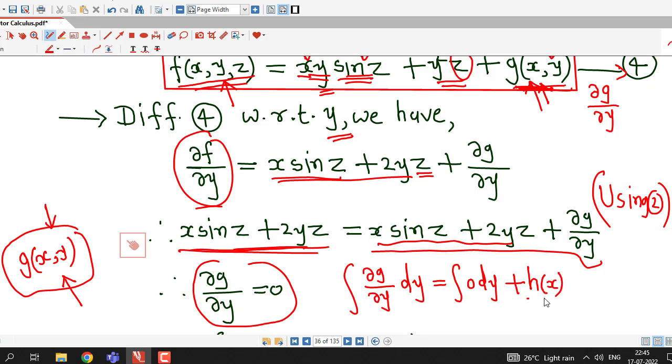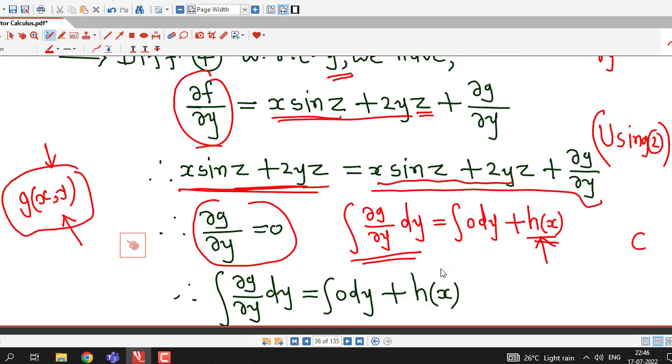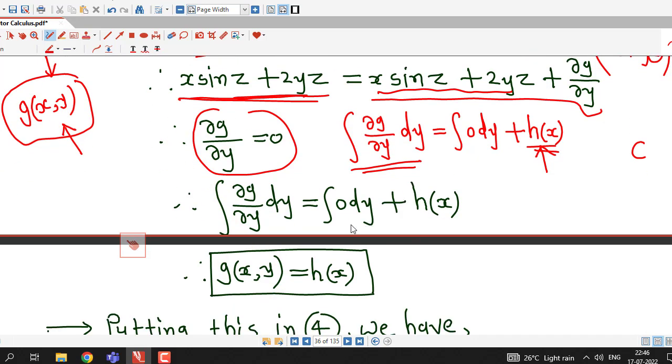So instead of writing simply constant c, we will write h of x. This gives g of x, y equal to the integral of 0, which is 0, plus h of x. So we have found that g of x, y is independent of y; it is now a function of x only.